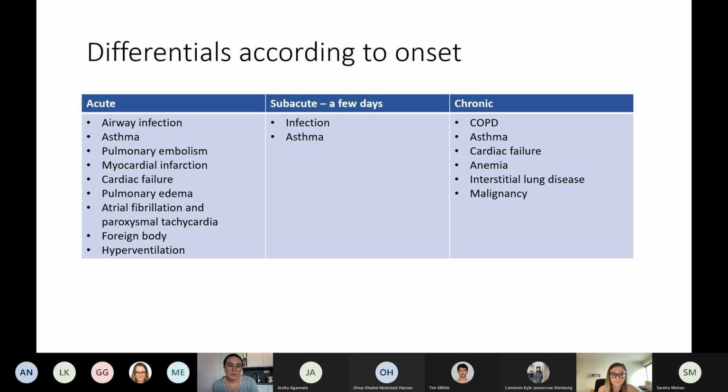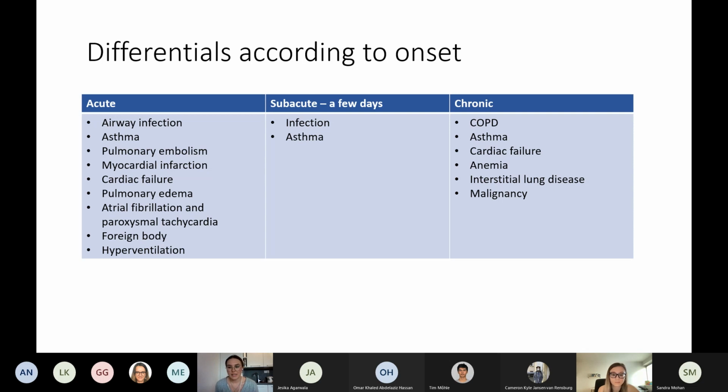Acute cardiac failure, acute pulmonary edema, which can also be a complication of cardiac failure, atrial fibrillation and paroxysmal tachycardia, foreign body, and hyperventilation, which can be seen in anxiety.